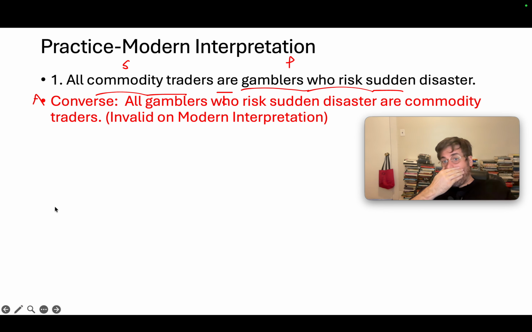So when I say you can't make this move, that's not to say you can't write down what the inference is here. We can literally write down the resulting sentence with the subject and the predicate reversed. But what is meant is that the inference itself is not a valid move. We can't claim with any sense of truth that all gamblers who risk sudden disaster are commodity traders.